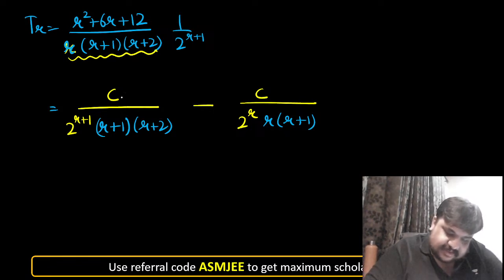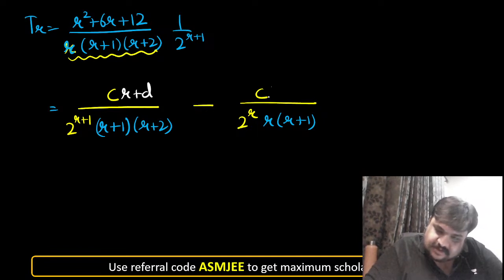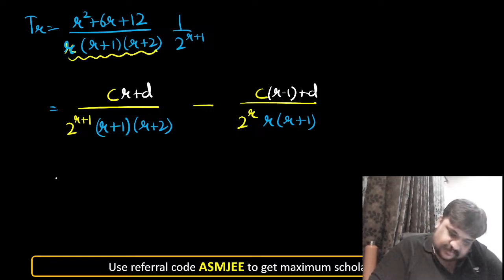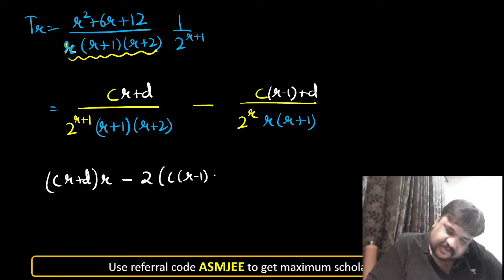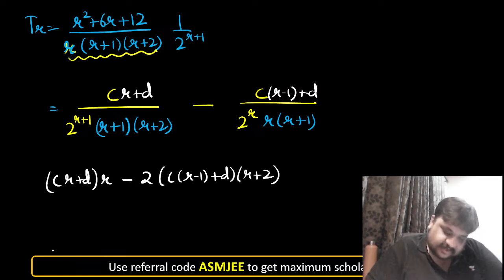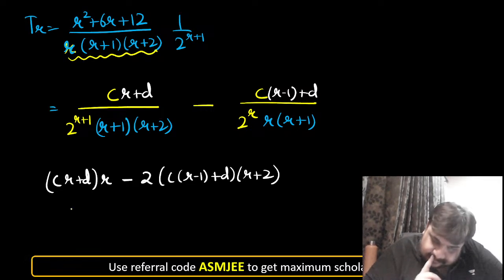So let's take linear. CR plus D. C into R minus 1 plus D. Okay, so C into R plus 1 into R plus D into R minus twice of C into R minus 1 into D plus D into R plus 2. Now it might work. You are getting some quadratic now.